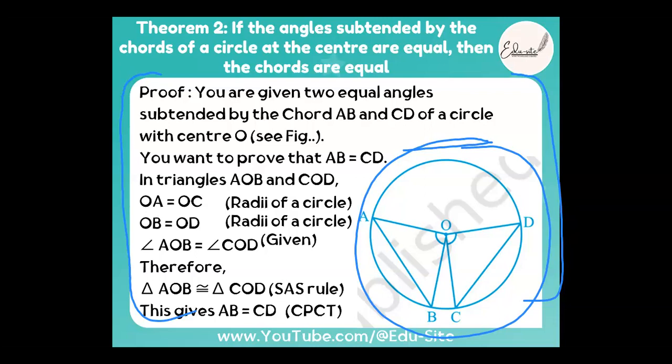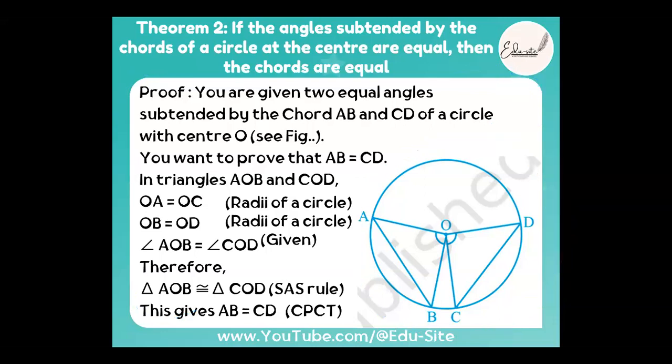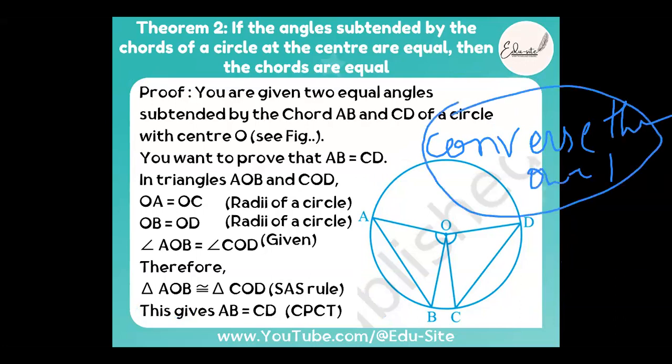It's actually simple, but instead of thinking about what to write in your test, you can just write it down in your rough book. We're just proving it in converse. That's it. Converse of theorem 1. Just write these concepts. Done.